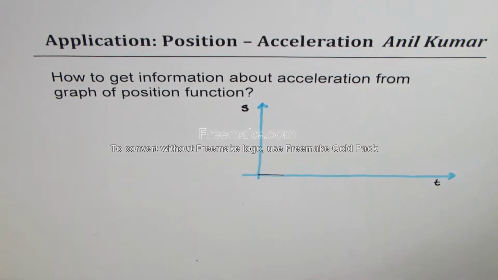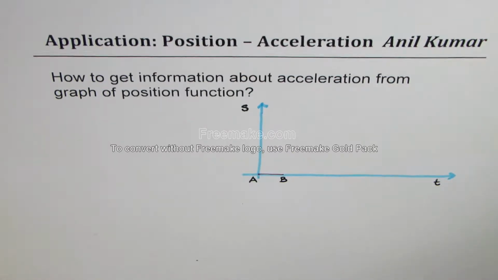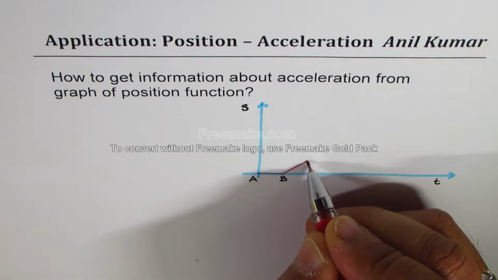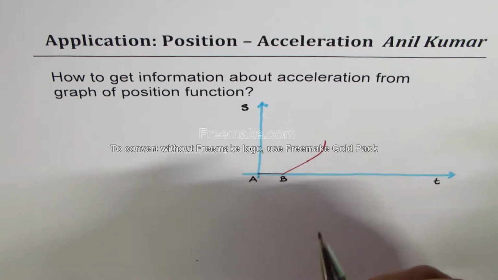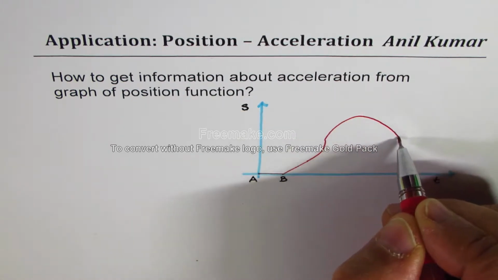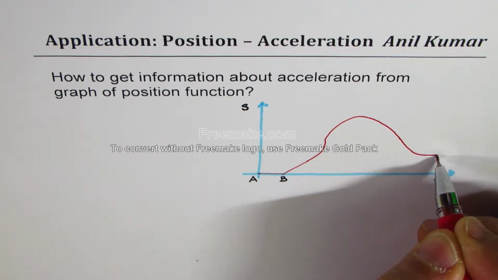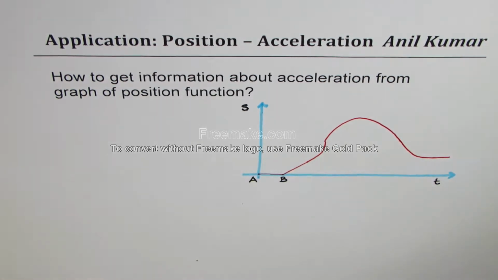Okay, so this is the point A, and till point B, position doesn't change. And then the object moves, let's say like this, and then it moves like this, and then goes like this, okay, and then again like this and goes horizontal. Let's say we work till this place.